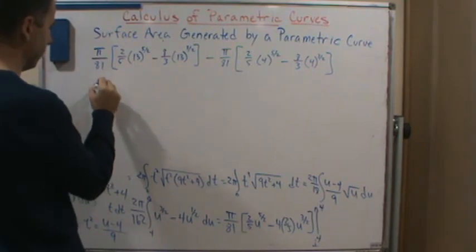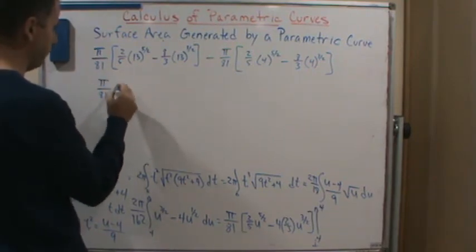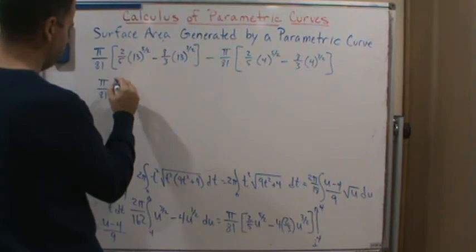So what's this? This is going to be pi over 81. And let's see what we can do here.